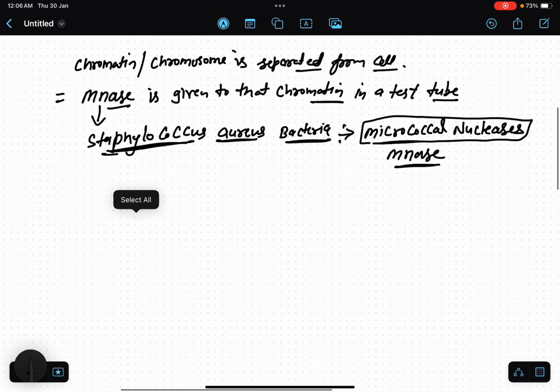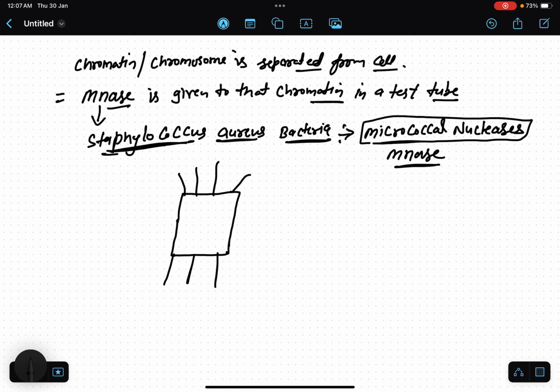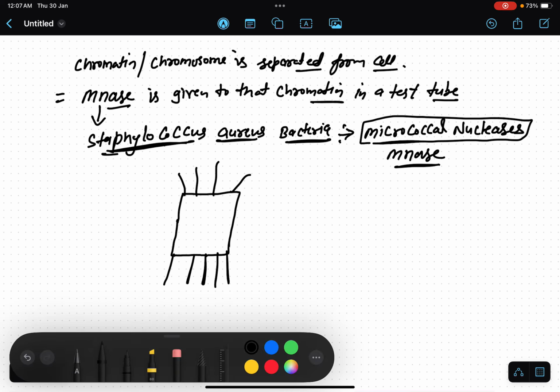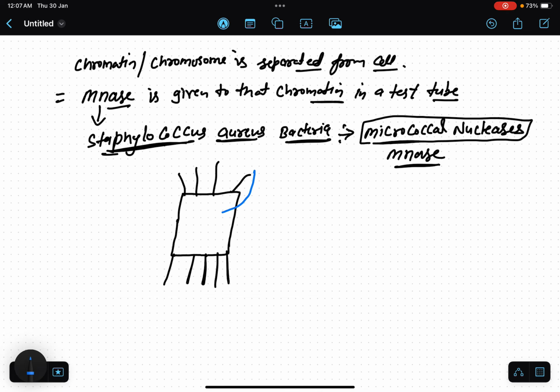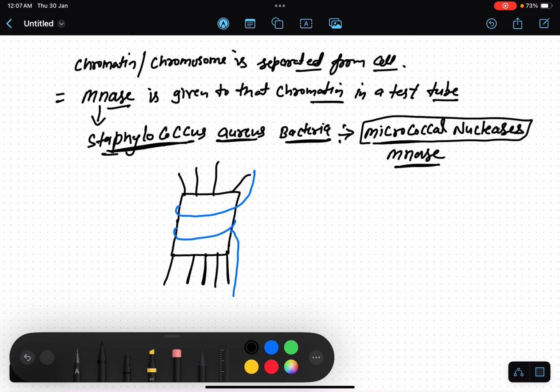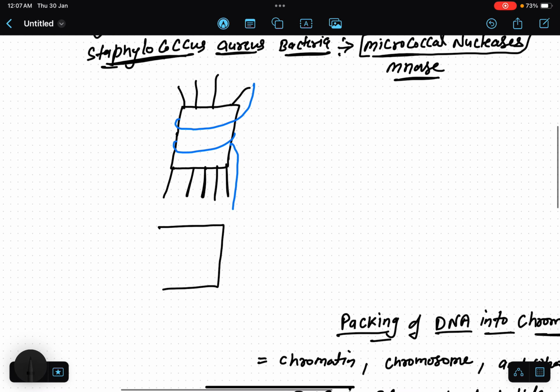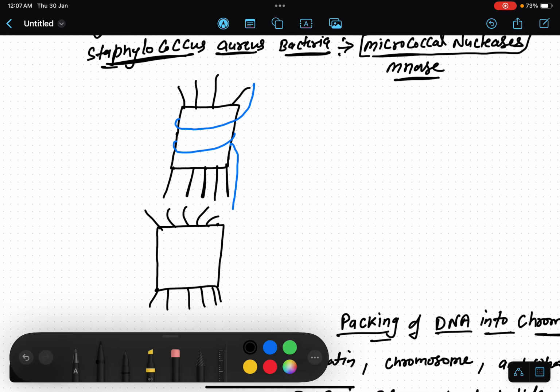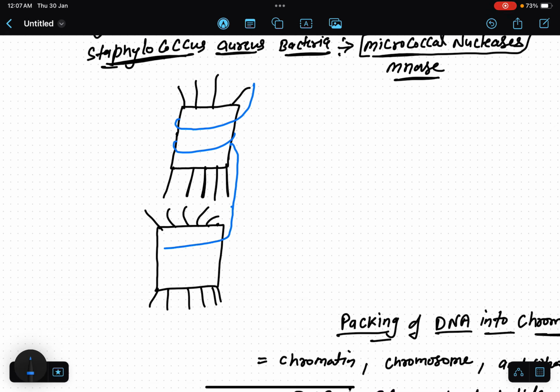When this chromatin is treated with this MNase, we found an octamer on which DNA is wrapped around, in this manner.